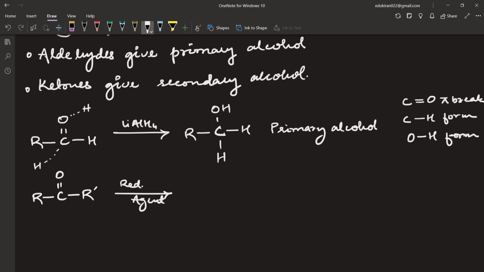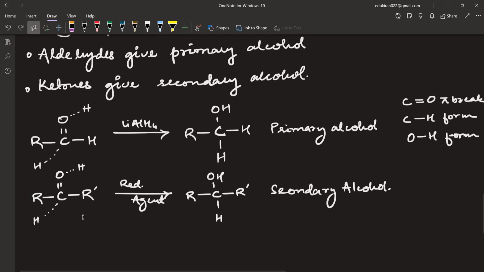Again here also hydrogen will come attached. This carbon will also get hydrogen, and you are going to get R, C with OH, and here hydrogen, and then R dash as it is. Now this carbon atom, which is the carbon of interest, has the OH group, and it is connected to two different carbon atoms, and hence it is secondary carbon or secondary alcohol. All of you understood this? Yes or no? Please tell me. Yes, sir. Okay, great.